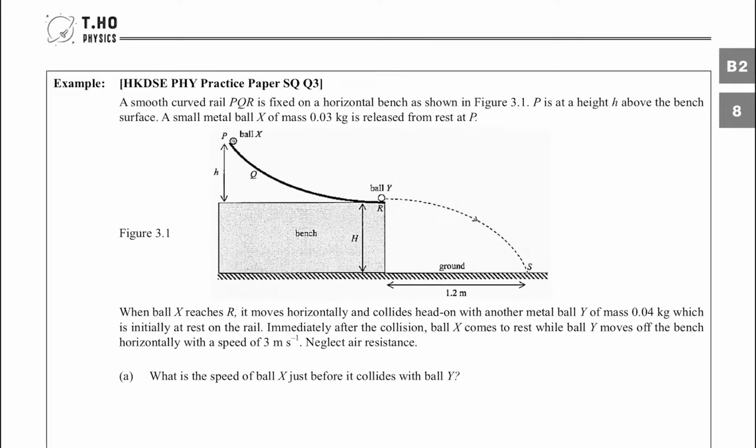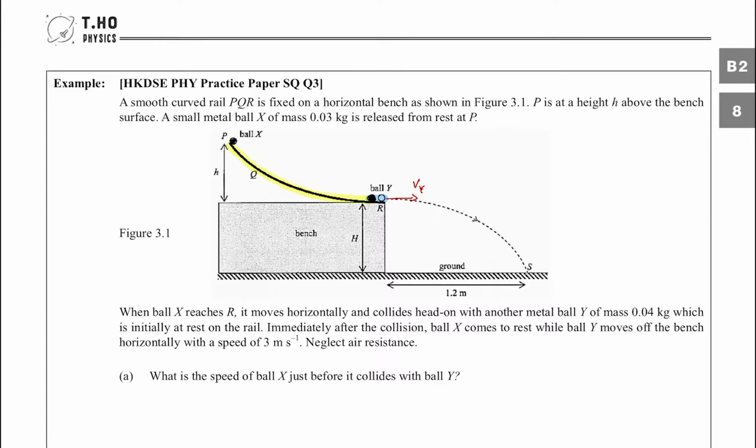So we can basically separate this motion into three parts. Firstly, ball X slides along the smooth track, and so it gains speed. The second part of the motion is that ball X will collide with ball Y and make ball Y be projected at a horizontal speed.